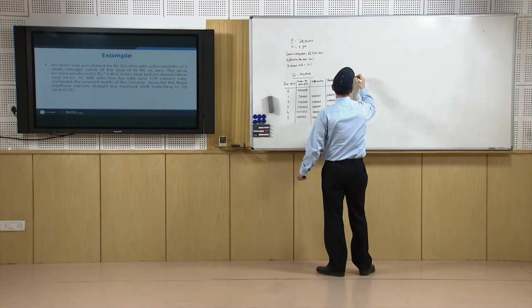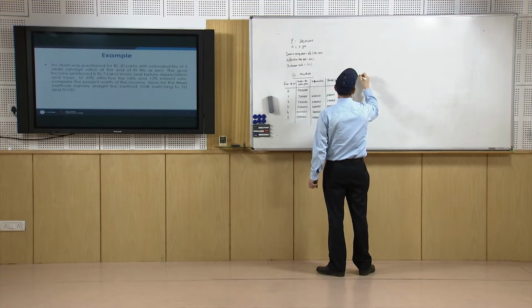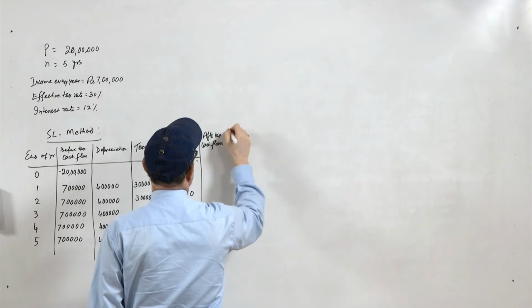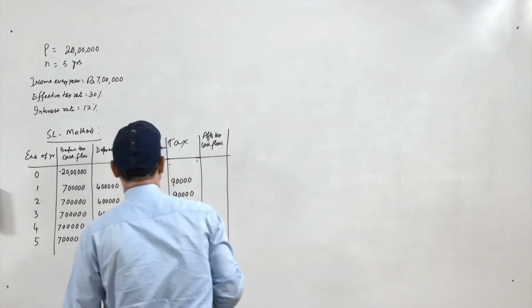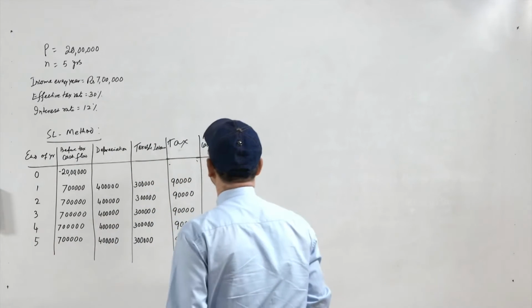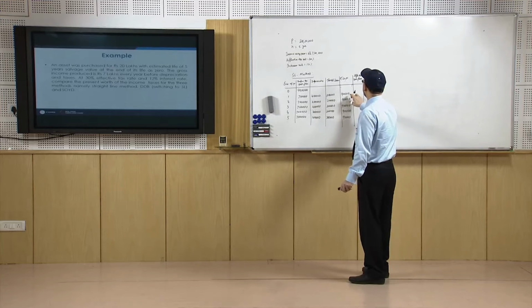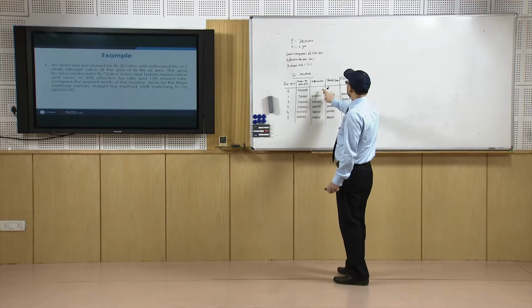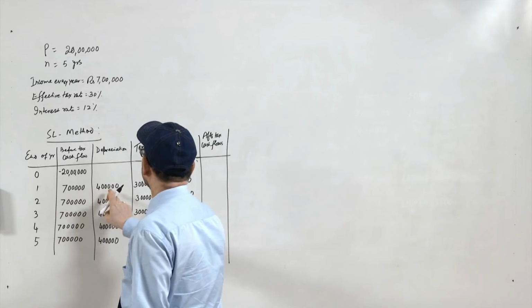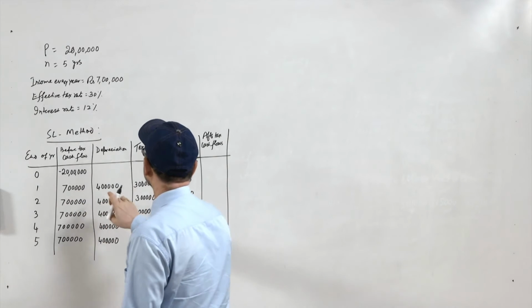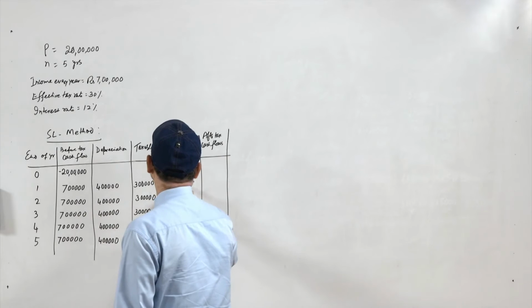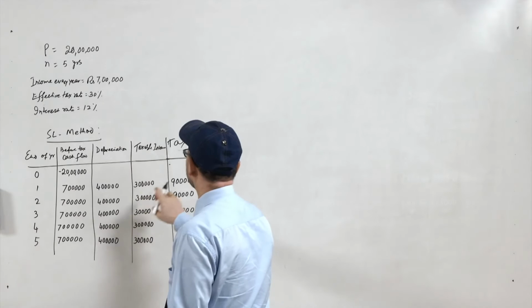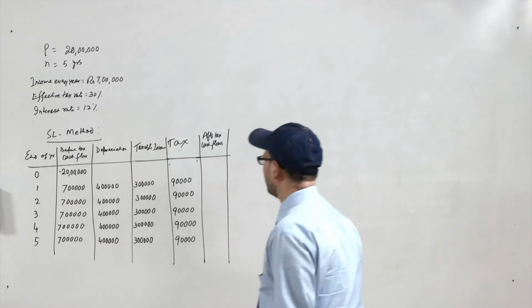Then in the end you have the after tax cash flows. The tax is not on the 7 lakh, but on the 3 lakh, so that is coming as 90,000.